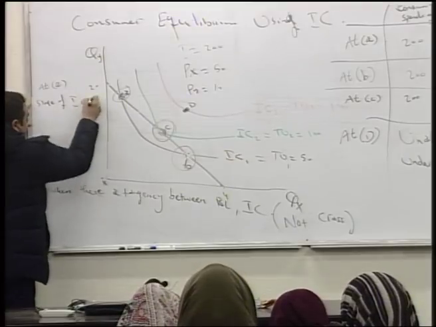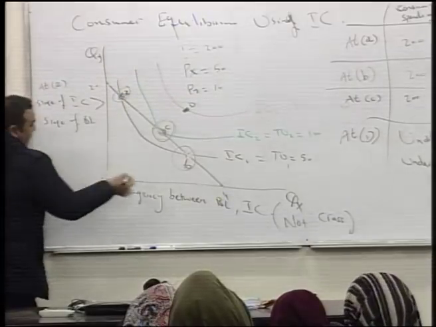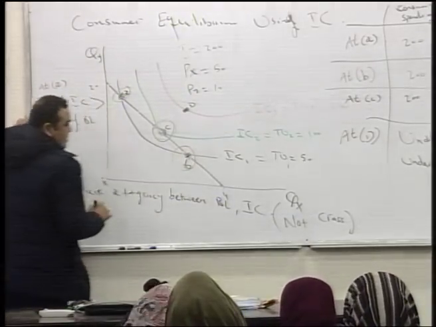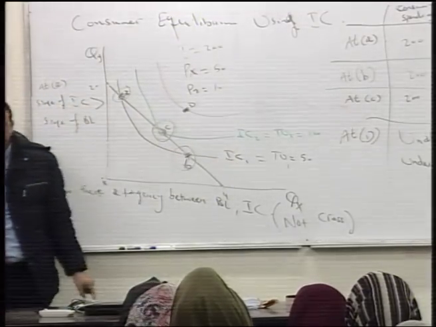IC is bigger than the slope of budget line. طيب هان at B. The slope of the budget line is bigger than the slope of indifference curve.